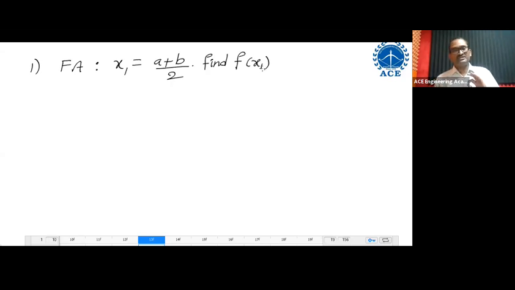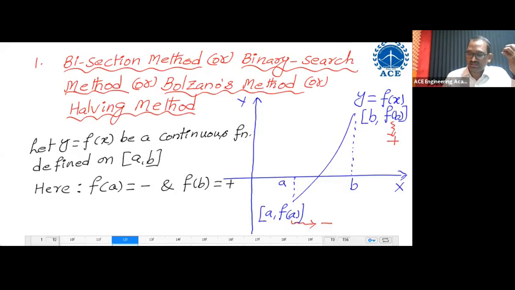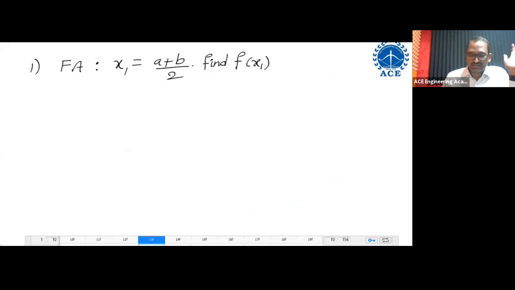Suppose f of x1 is not 0, then it should be either greater than 0 or less than 0. We don't know which, so I am assuming it is less than 0. This is my assumption only. If you want, you can assume greater than 0 also.